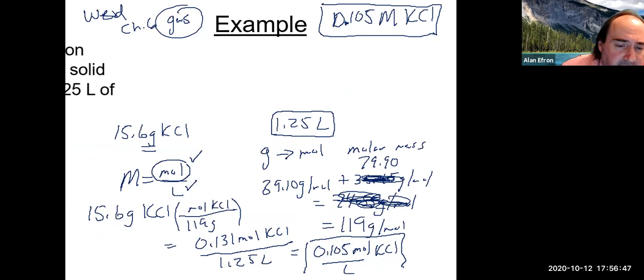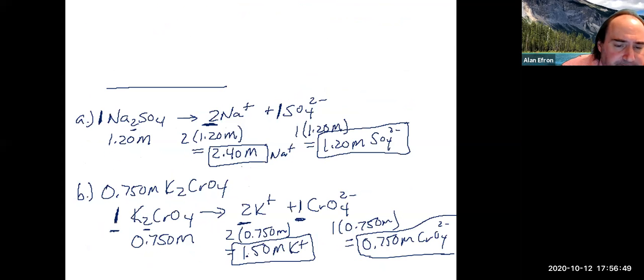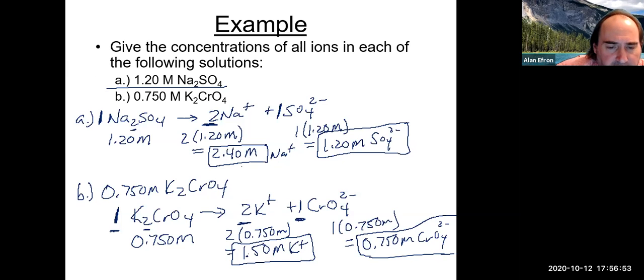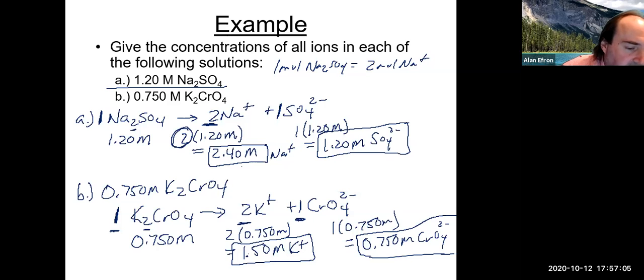And that is why when we get to what we just did, say here, we could say for every 1 mole of the whole thing gives us 2 moles of sodium. And that's essentially what this 2 is for. That's the big part of the long calculation. So that's just the quick version of a way to do that without doing the long calculation part.